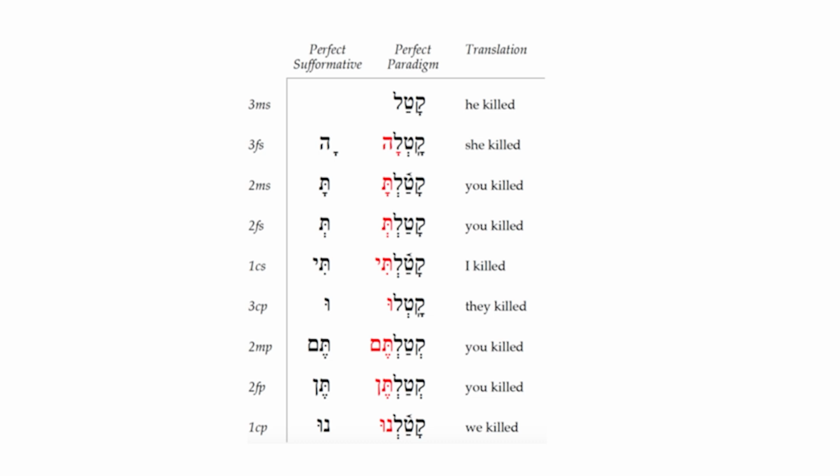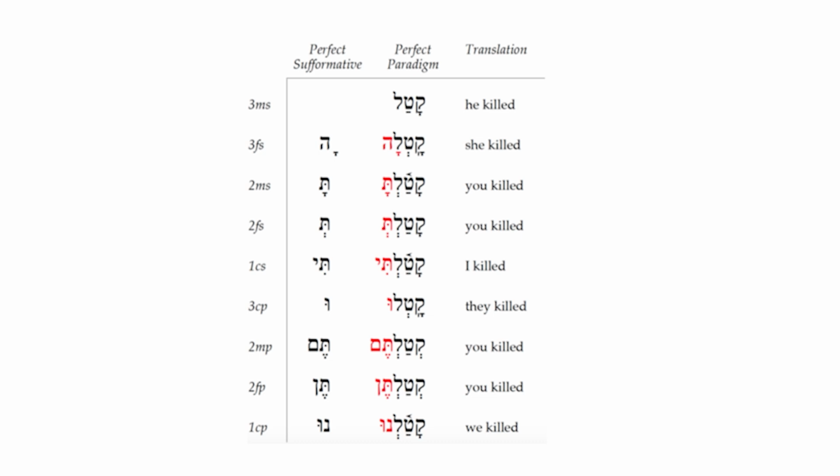But the rest of the examples show a different inflectional ending, or what we would call a sufformative, and it's shown in red. Remember to read with me from right to left. The red ending or sufformative is added to the end of the verbal root to indicate the person, gender, and number.